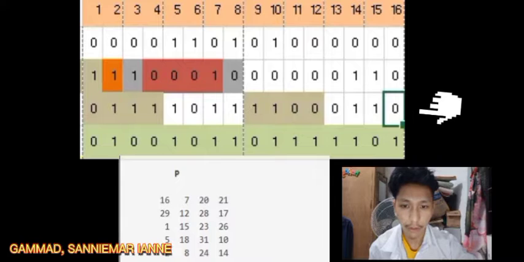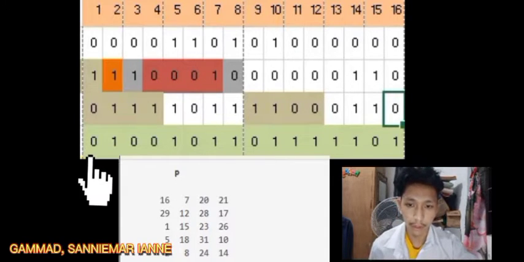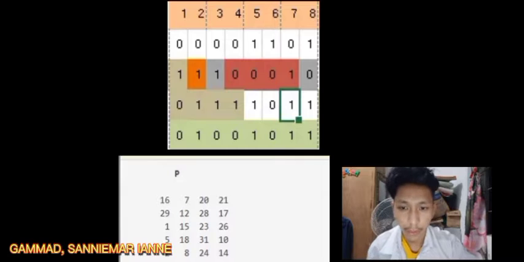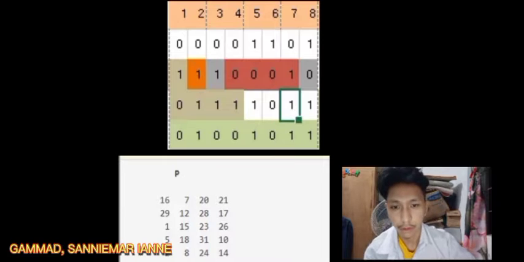So we have 0, then we will put it there. So we have 0. Next we have the 7. We must find 7 in substitute. Then the 7 is 1. Then we will put 1 also in there. So let's continue.